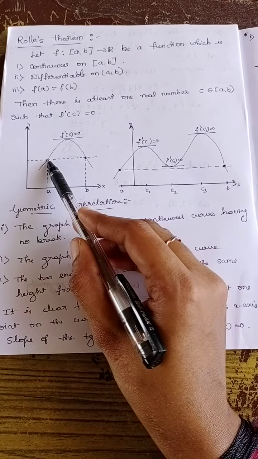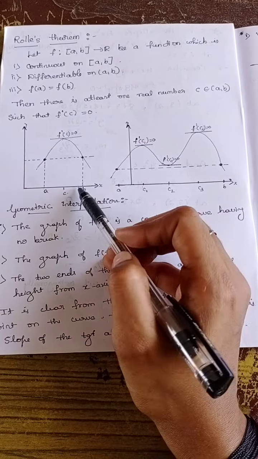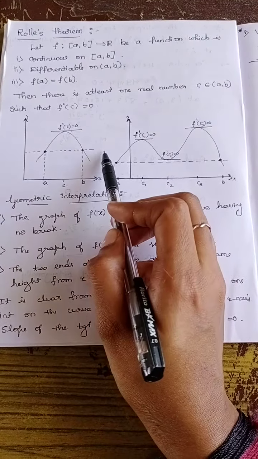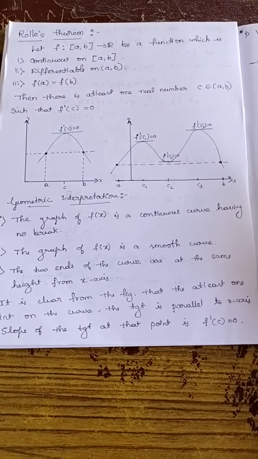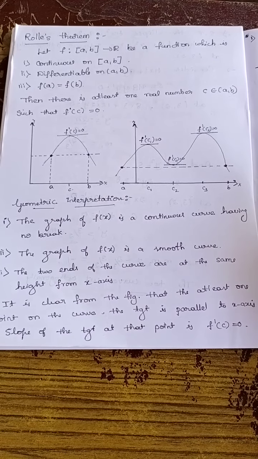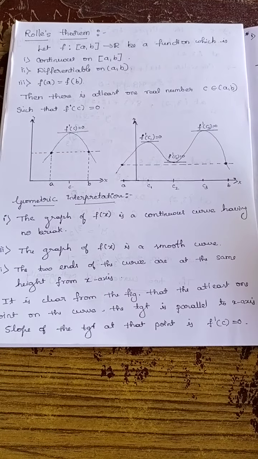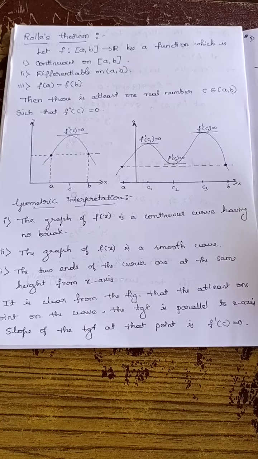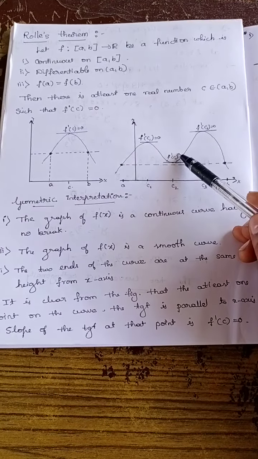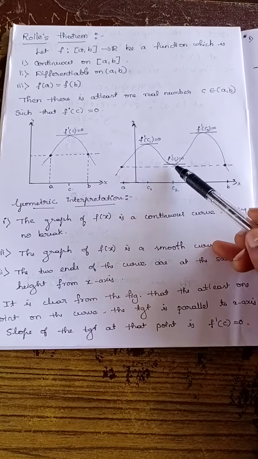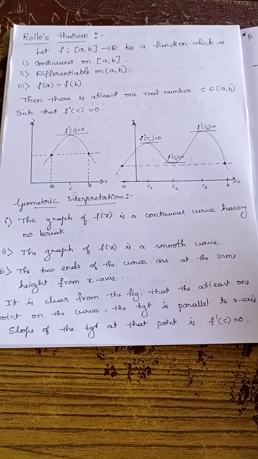Here we can see that the f of a value is here and f of b is here. They are on the straight line. F of a and f of b both exist on the straight line. That means the two ends of the curve are at the same height from the x-axis, therefore f of a is equal to f of b. Not only in this picture, here also we can say that these two lie on the same line.